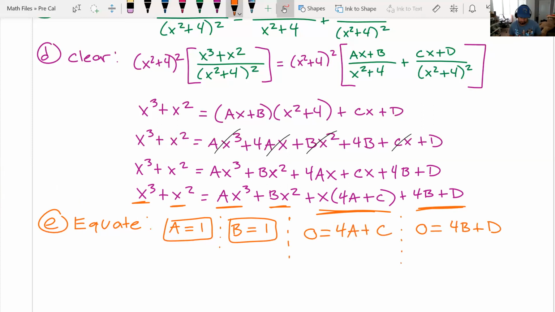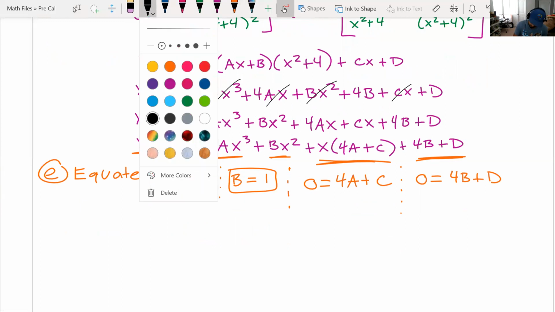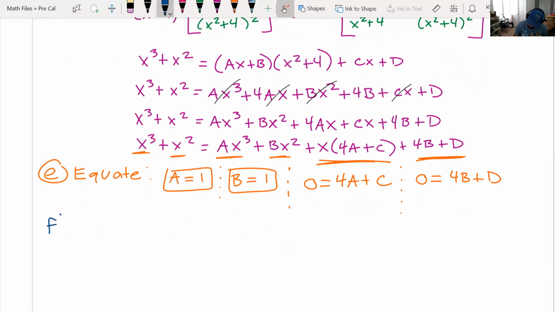All right. So all we have left to do is solve for C and D, which looks really simple from here. So A is 1, B is 1.